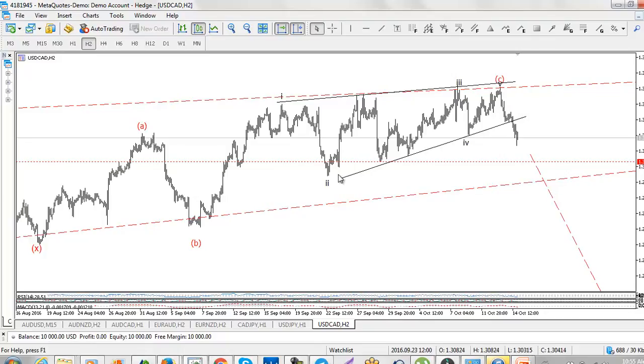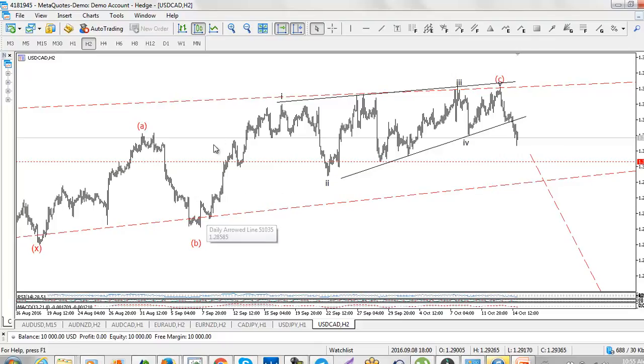What's the difference between a leading diagonal and an ending diagonal? Leading diagonals start at the beginning of a move and are made up of a 5-3-5-3-5 structure, but ending diagonals appear, just like the name indicates, at the end of a motive wave or an ABC move.